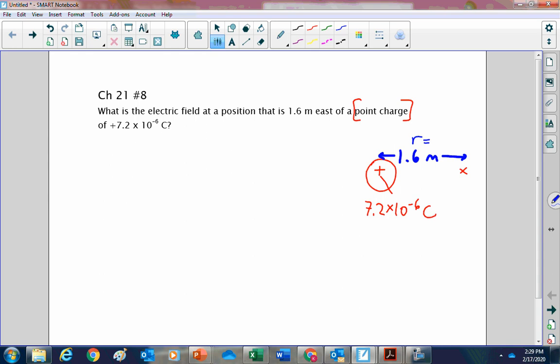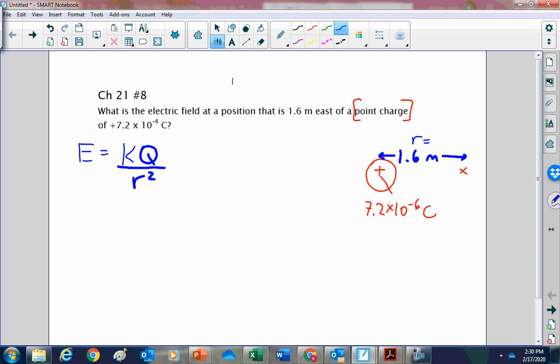It looks really similar to Coulomb's law, but this time for an electric field, we're going to use E equals big K times big Q over R squared. So you'll see that on your formula sheet.